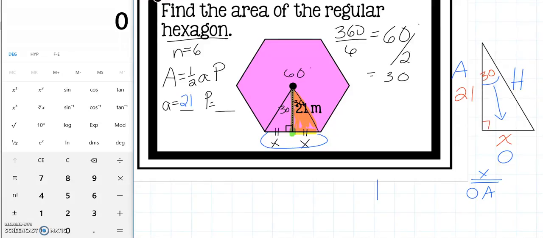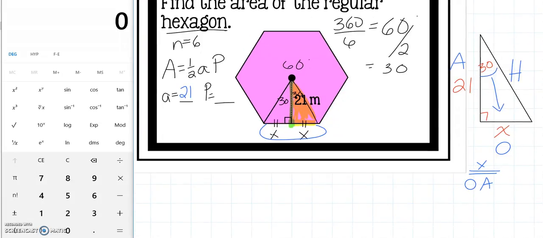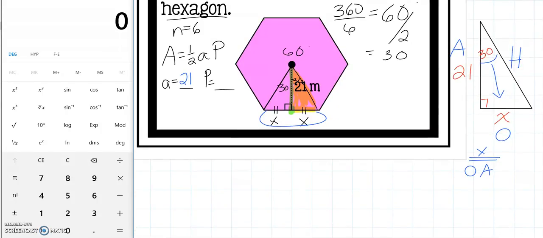So go ahead and scroll down for a second here. So I'm going to be doing tan of 30 equals your opposite side, which is x, over the adjacent side, which is 21. Multiply both sides by your 21.